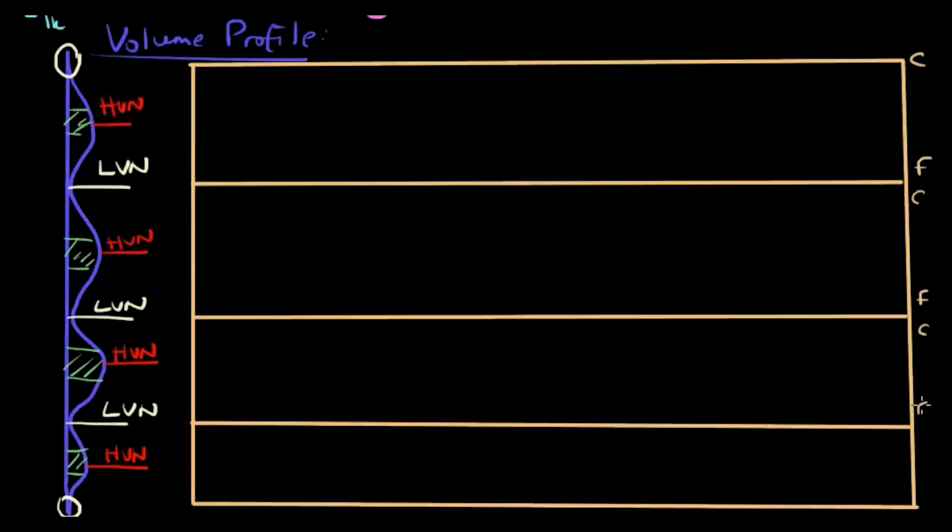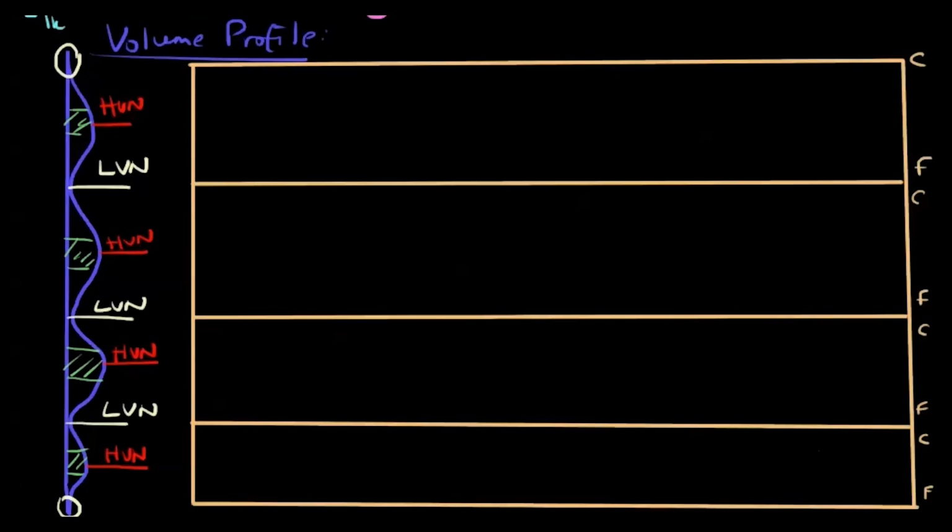Ceiling, floor, ceiling, floor. This is not a specific theory, it's not something I've come up with. I remember seeing this somewhere. I can't remember exactly. Maybe it might have been Jigsaw Trading, or a long time ago when I was on the grad scheme, I saw something to do with a building. And it's a good way to just envision how the market moves from one level to another.